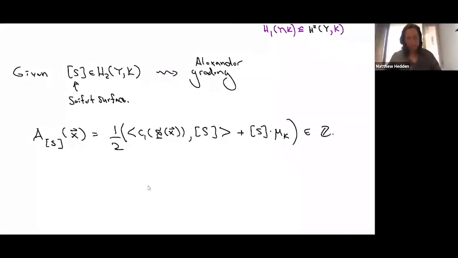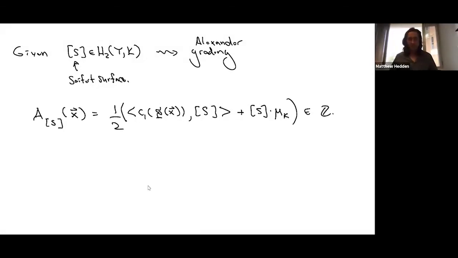Okay, and then now I can use this grading to associate numbers to knots.